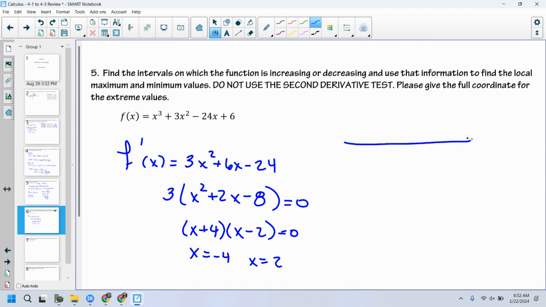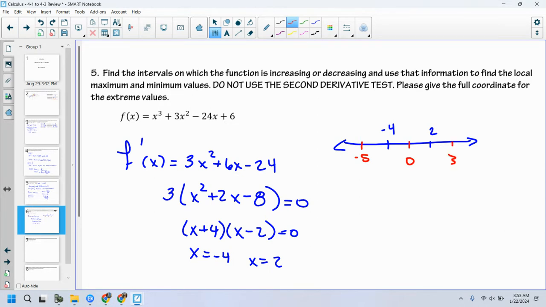The number line test is what I'm going to be using, the increase-decrease test or the first derivative test. -4, +2. Show me what values you're testing, please. So here let's test -5, let's test 0, and then we'll test 3.